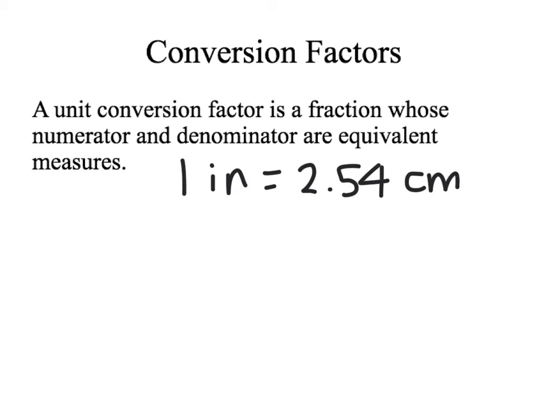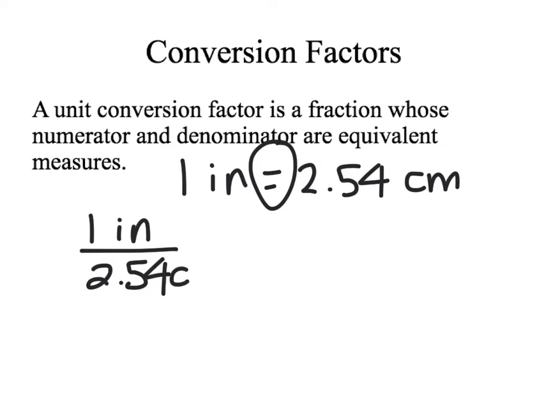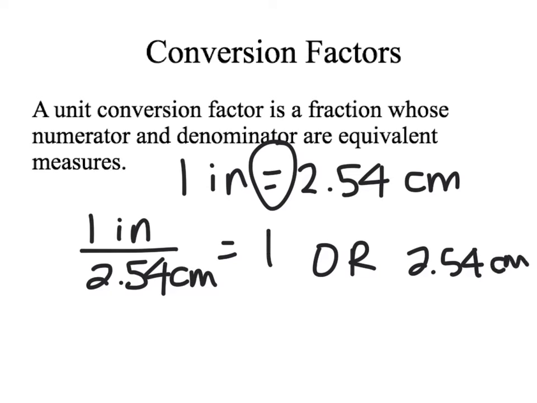This is a conversion factor. Because it is equivalent, because there's this equal sign, we can write it as a fraction. So either 1 inch over 2.54 centimeters, because this equals 1, they're the same thing, or 2.54 centimeters over 1 inch. That is just another way to write conversion factors.